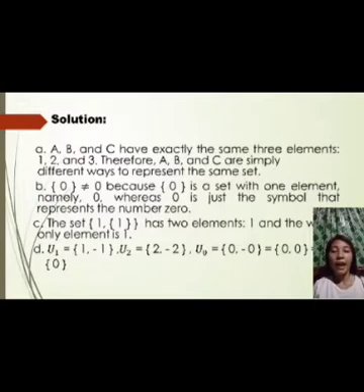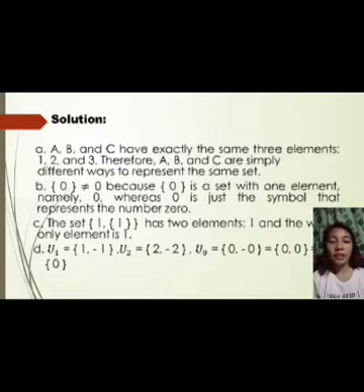Solution. A, B, and C have exactly the same three elements: 1, 2, and 3. Therefore, A, B, and C are simply different ways to represent the same set. B. The set containing 0 is not equal to 0, because the set containing 0 is a set with one element, namely 0, whereas 0 is just the symbol that represents the number 0.